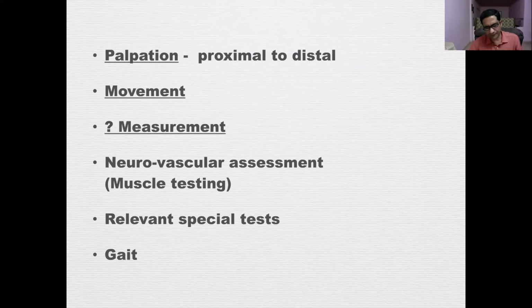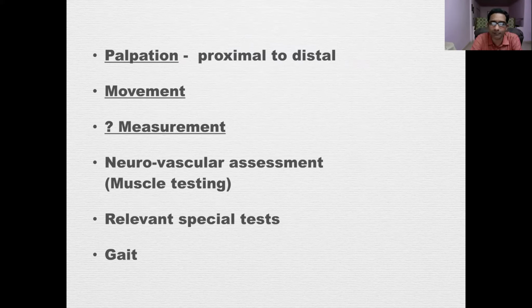Measurements in the foot can be done. Sometimes if you have a neuropathic pes cavus, you will find that one foot is significantly smaller than the other.